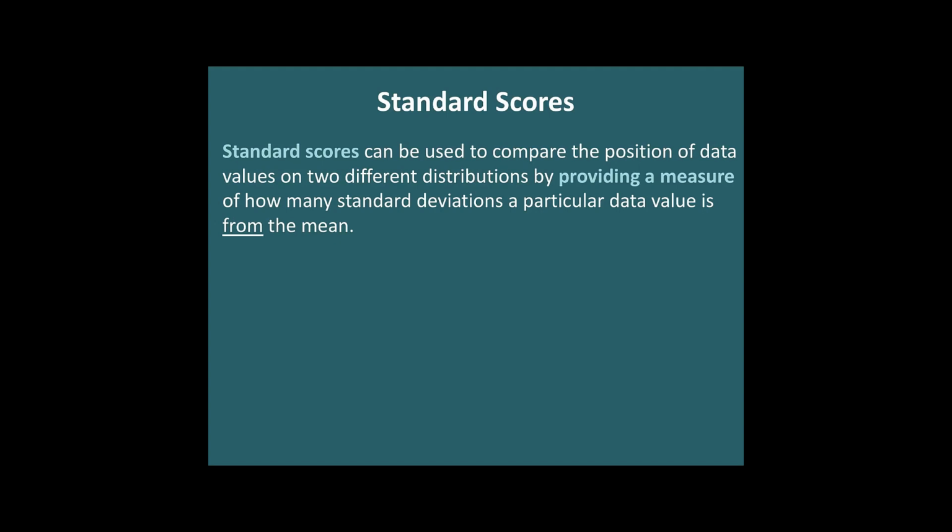Standard scores can be used to compare the position of data values on 2 different distributions by providing a measure of how many standard deviations a particular data value is from the mean. Formulas for standard scores are calculated as follows.